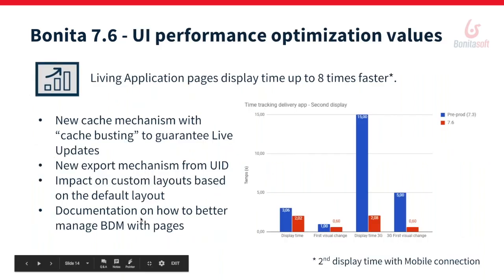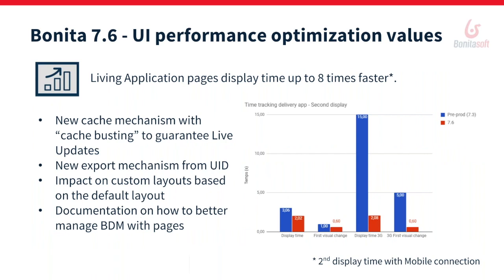So let's take a deeper look at the performance parts. Working with our community and our customers, we did a big focus on performance improvements in that version, on both the front part and the backend parts.